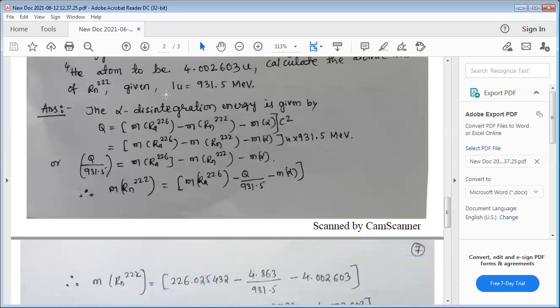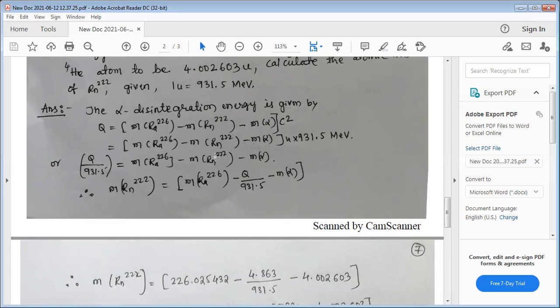So use the alpha disintegration energy equation like this. Q is equal to this quantity into 931.5 MeV. When you are not multiplying by c square, you have to multiply by this quantity. You take this quantity to the LHS, and it becomes Q divided by 931.5 is equal to this quantity.